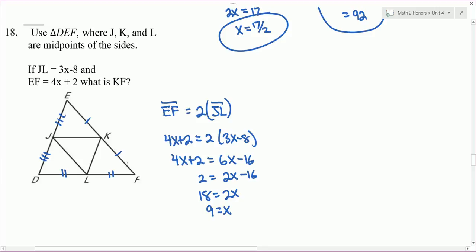KF is half of EF. And we found that EF is 9. So half of 9 is 9 over 2. If you change that to a decimal, you get 4.5.